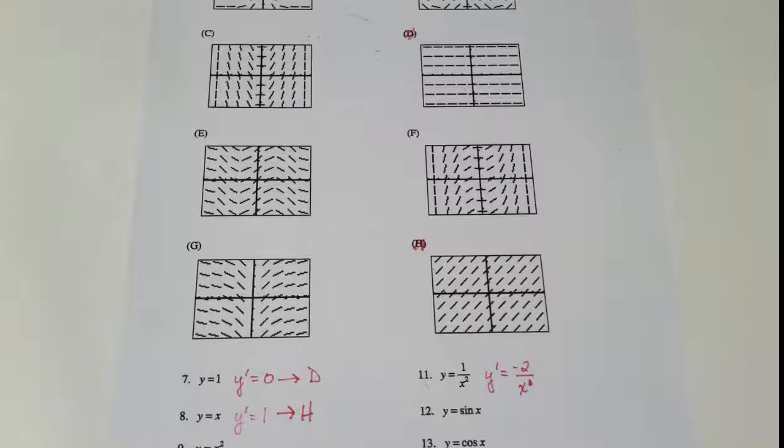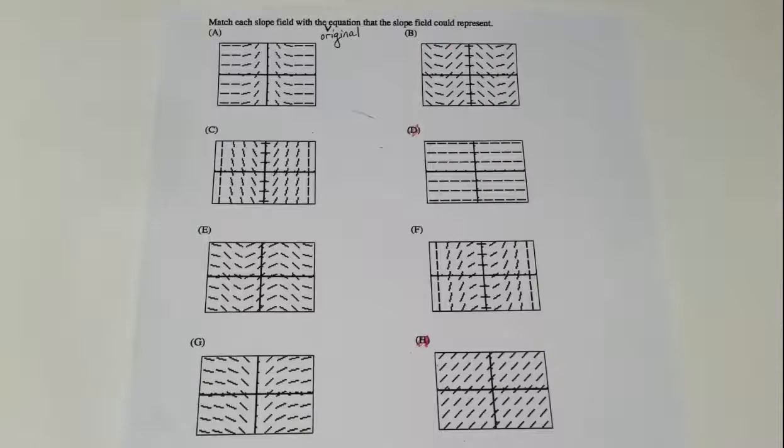So you are going to have a slope field in which, number 1, it's not going to be defined for 0, and you're going to have a mix of positive and negative slopes. So that rules out a couple of them.